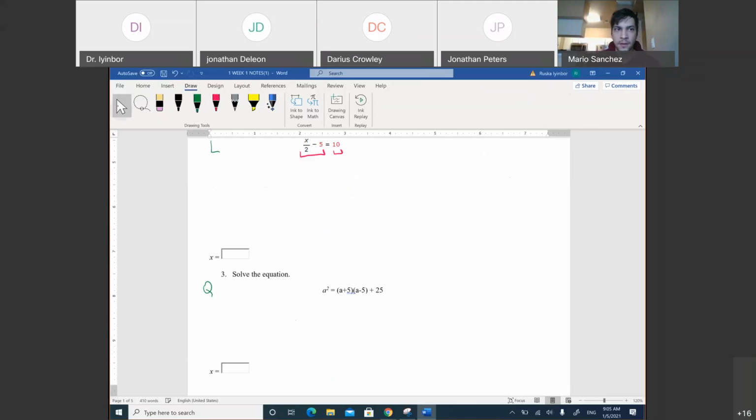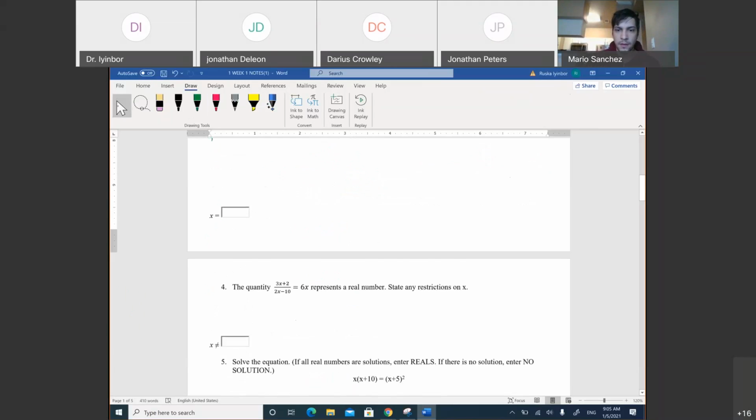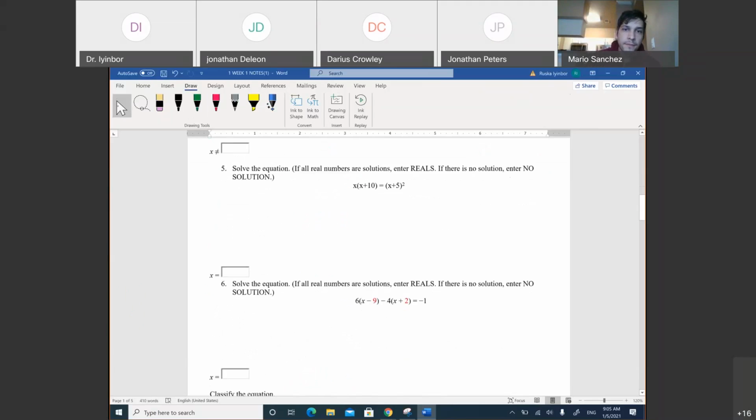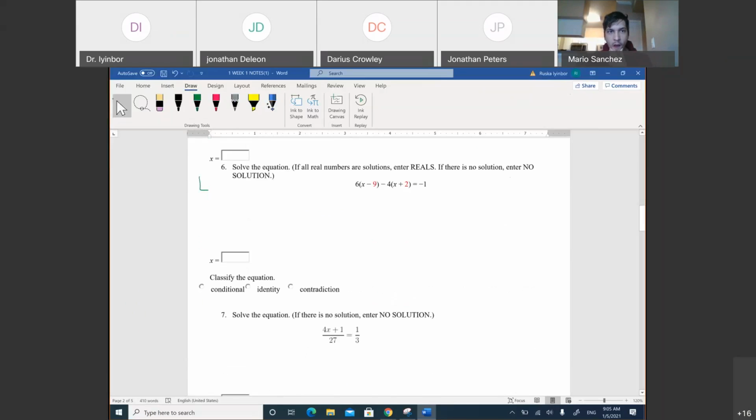Okay? So does everybody get the idea? Like number 5, what is number 5? Quadratic, because I have that square there, right? So this is quadratic also. How about 6? Linear. Linear, good job. Okay? So looks like everybody understands that, right?